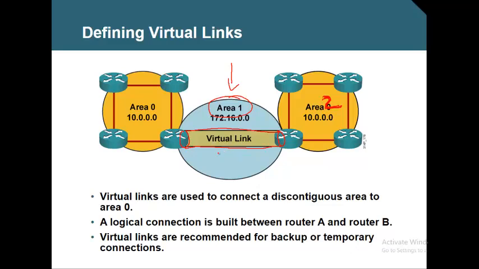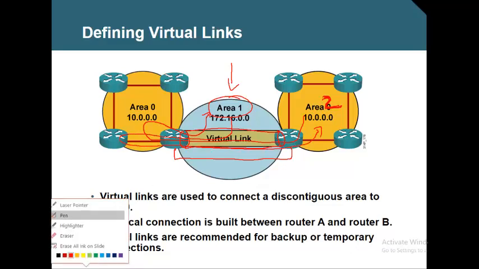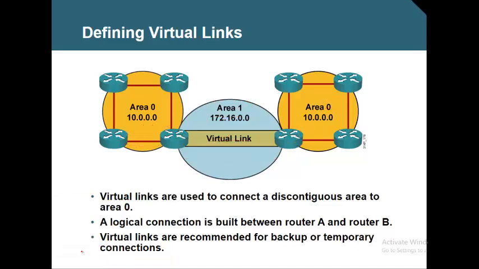Because area 2 is not connected to the backbone, we connect it so that the backbone relationship can get established, using which area 2 advertisements will go to the backbone and the backbone will send them to area 1. Likewise, area 1 advertisements will go to the backbone and be sent to area 2. You got it? It is only through area 0 that area 1 and area 2 can share the updates.